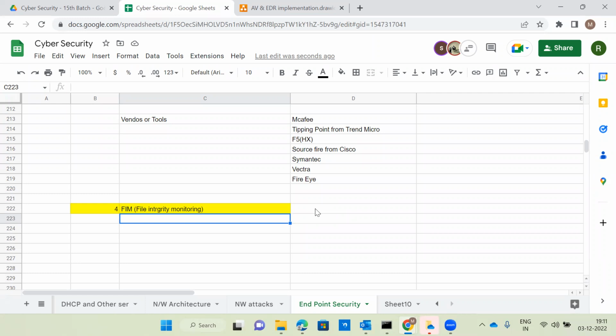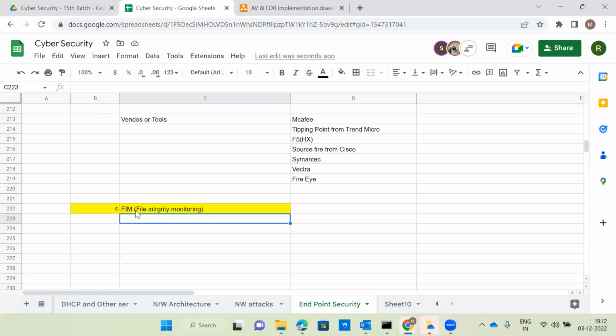Because whenever any malware category of attack enters the organization, the attacker will inject the malware into the end user machine. Nothing but he is adding a file. So this behavior, adding of files, will be provided by the file integrity monitoring tool.